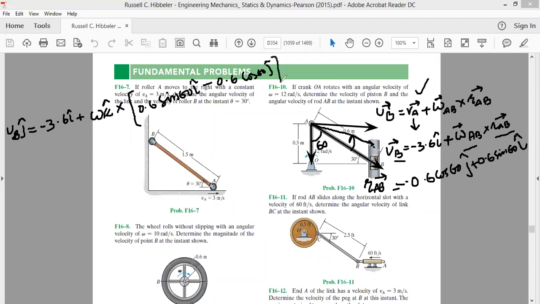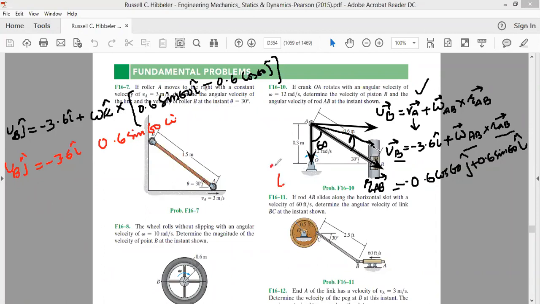That can further be written as: therefore VB j cap is equal to minus 3.6 i cap, then we have omega times 0.6 sine 60, into omega, this is k cross i.